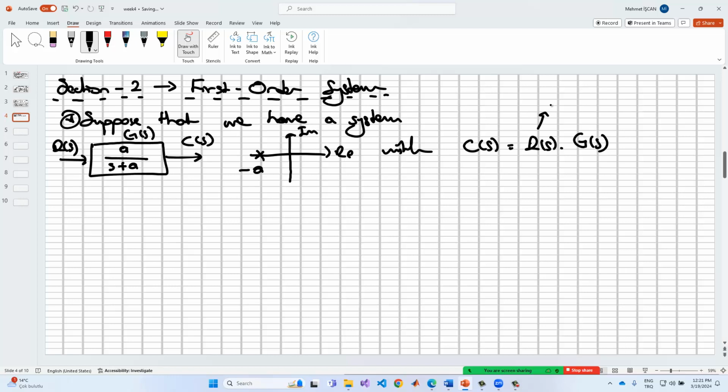And so if we take the unit step in here, which is represented by 1 divided by s, and so a divided by s plus a can be given in here, and so we can generate the output based on this information. Just remember that this is the unit step in here.